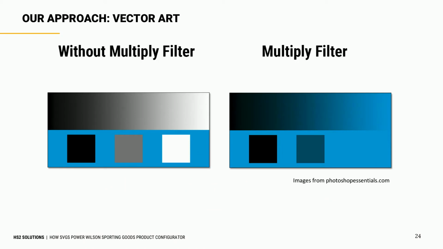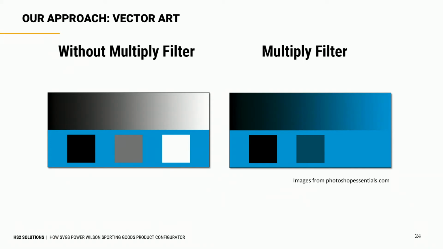And so as you can see in this graphic up here, on the left is these layers, and this is in Photoshop in this case, without the multiply filter, and on the right with the multiply filter. Whites just are white. You see the detail of the object behind it. Black is complete obscurity. Everything else in between is the colorizing effect.